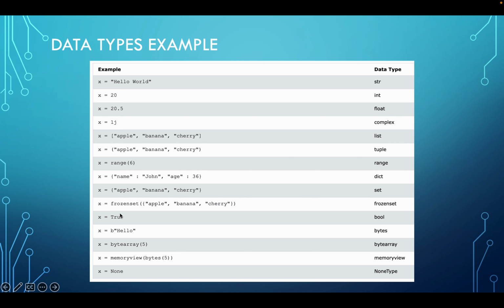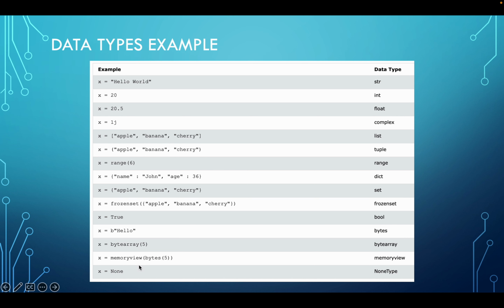The boolean is true or false. Bytes are b, then strings, and between the quotes we are typing hello. This is byte array. We are using the command bytearray, and within the parentheses we are using a number. This is memory view.